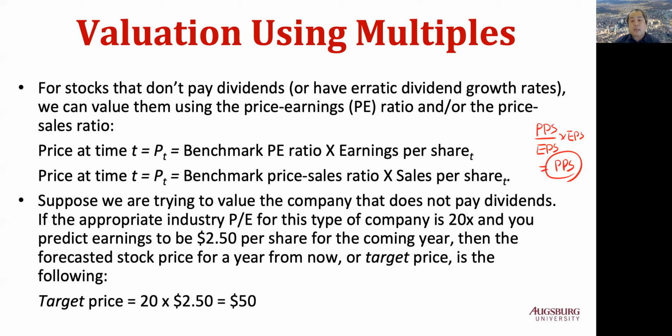If the appropriate industry PE ratio for this type of company is 20 times, and you predict earnings to be $2.50 per share for the coming year, then the forecasted stock price a year from now, the target price, will be simply PE ratio 20 times EPS $2.50, $50 will be the target price. So that's another way to evaluate the stock using multiples.